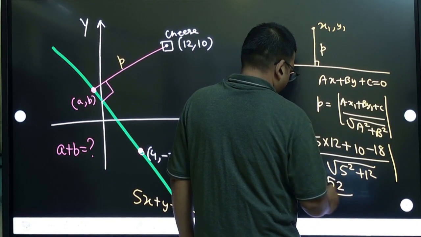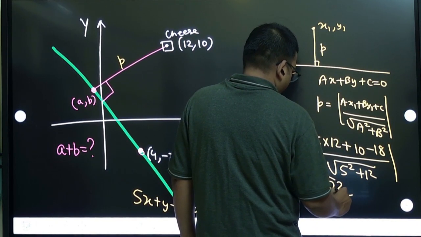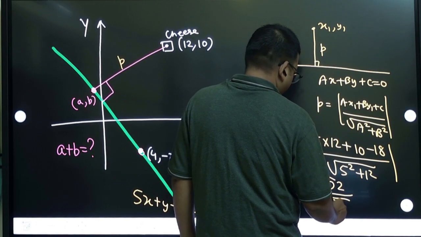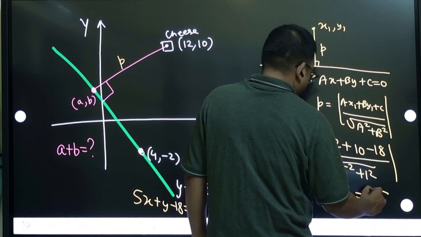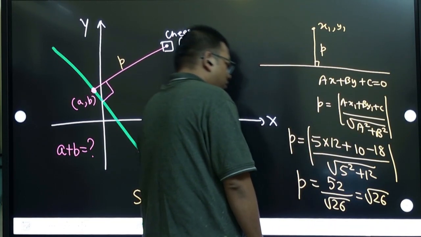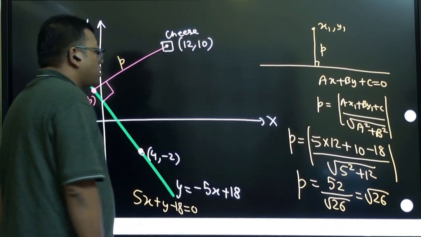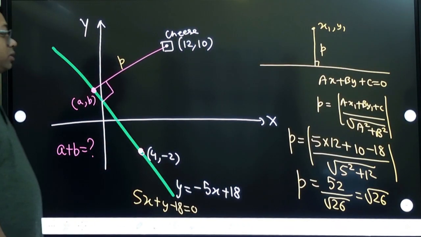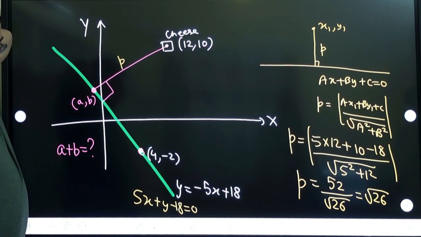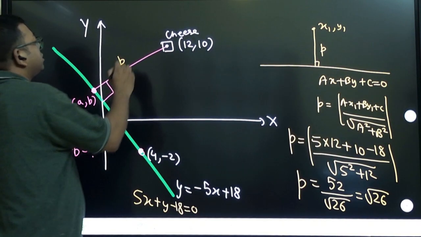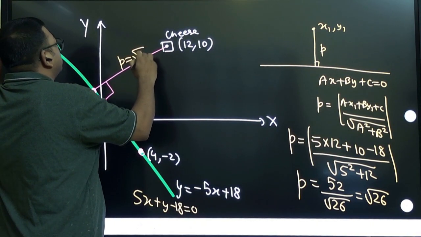So 52 by root 26, which becomes root 26. So now we got the perpendicular distance as root 26.